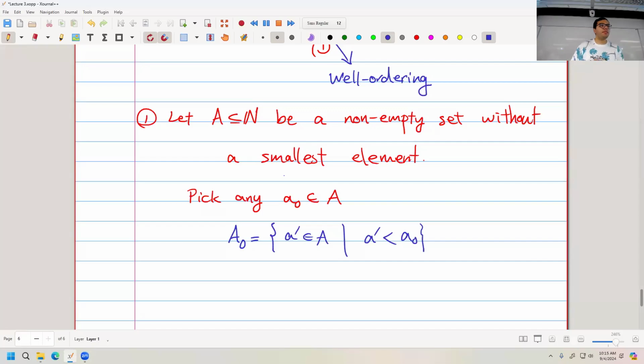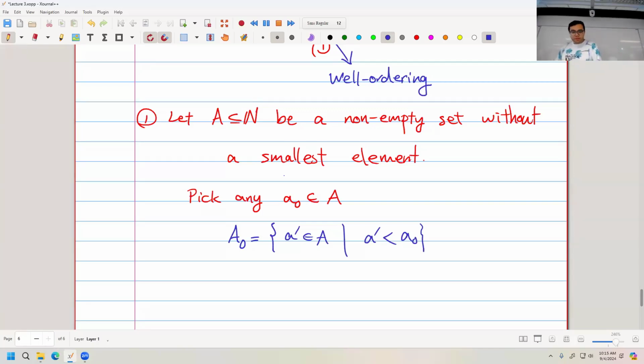What do I know about this big A0, about this set? I know that it's non-empty, because if it's empty, then A0 would be the smallest element of A. But I assume that A doesn't have a smallest element. I also know that A0 does not have a smallest element, because if A0 has a smallest element, that would also be the smallest element of A. And I know that A doesn't have a smallest element.